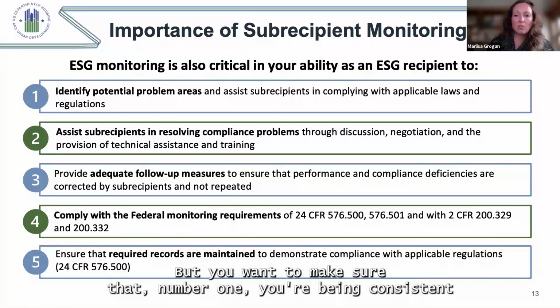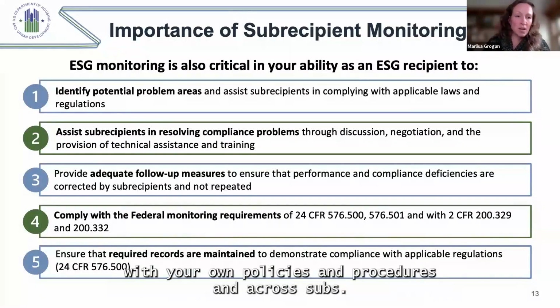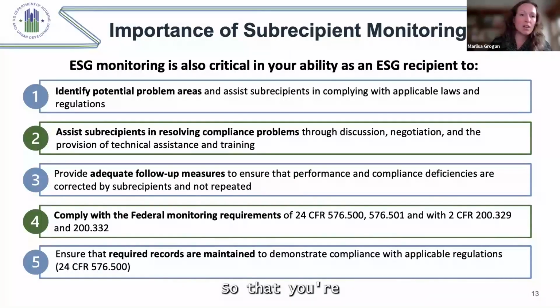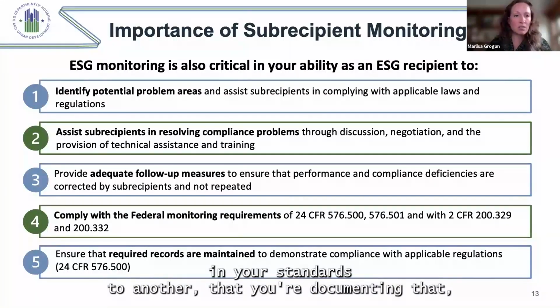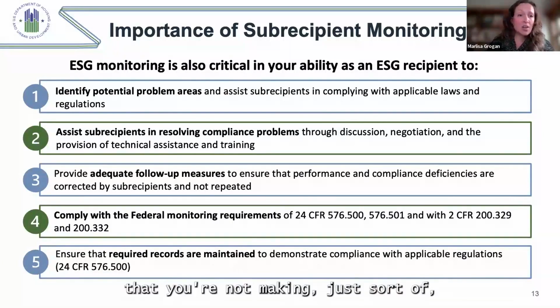But you want to make sure that, number one, you're being consistent with your own policies and procedures and across subs, so that you're not requiring a repayment in one case and then switching your approach and your standards to another. That you're documenting.